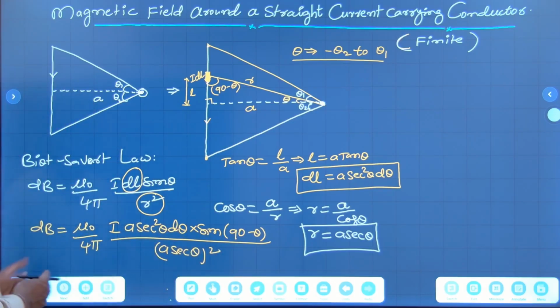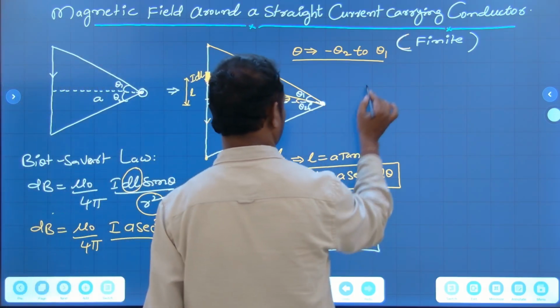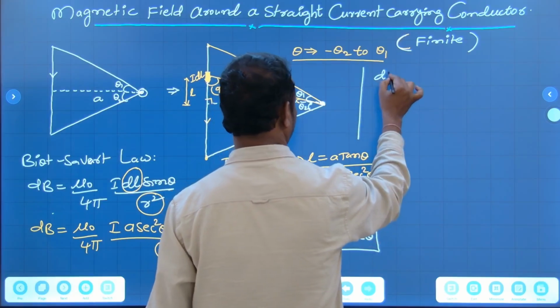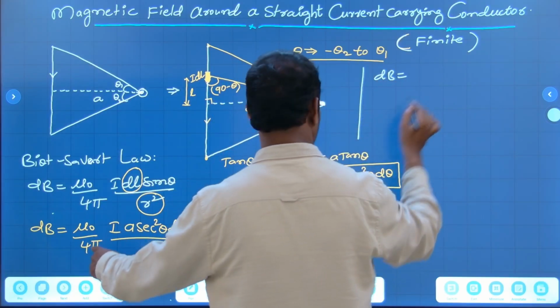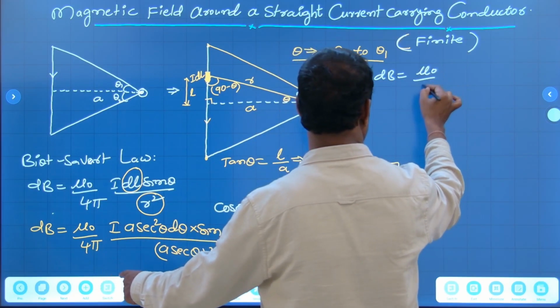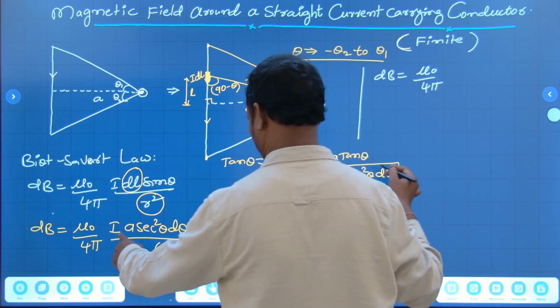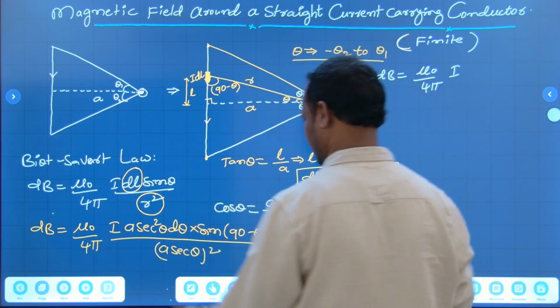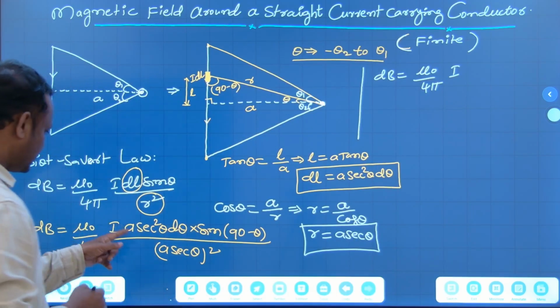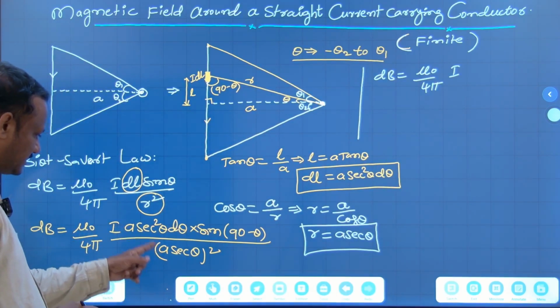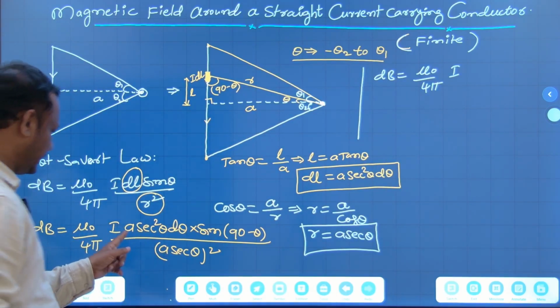Carefully now, continuing, dB is equal to mu naught by 4 pi I. Here A squared in the denominator: one A is cancelled, and secant squared theta is cancelled.